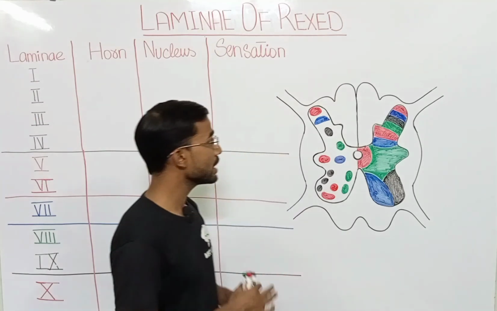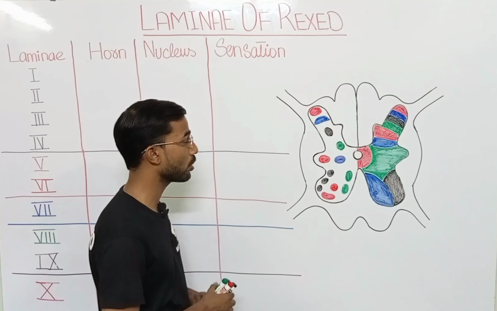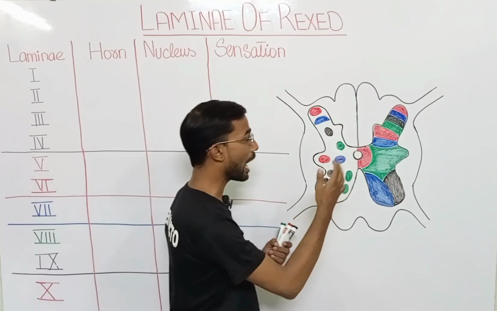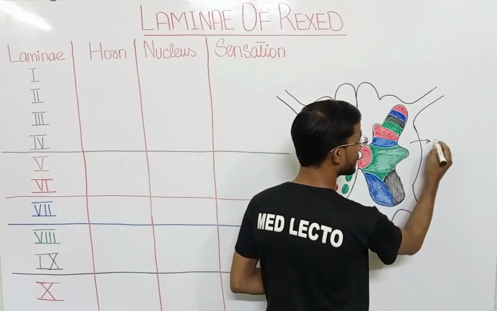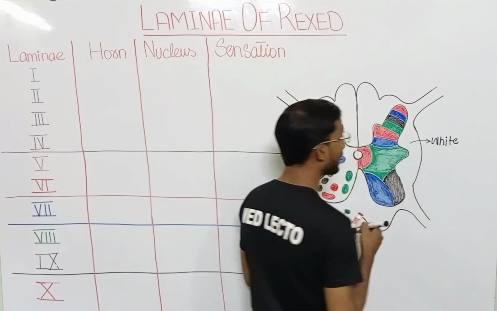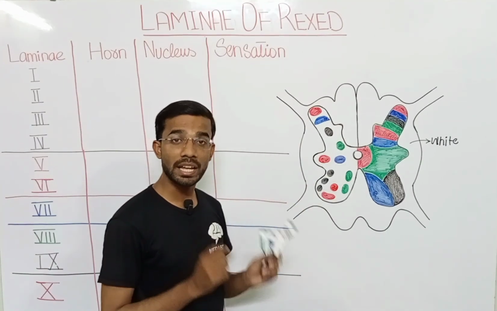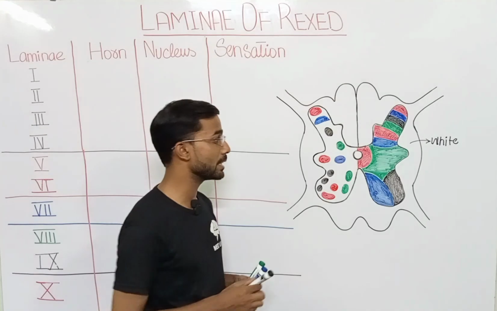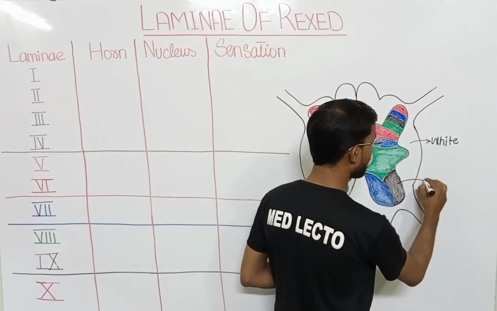So, if we revise the structures of the spinal cord, at the outer side you will see the white matter. So this is the white matter. And at the center you will see the grayish area, and that is the gray matter.